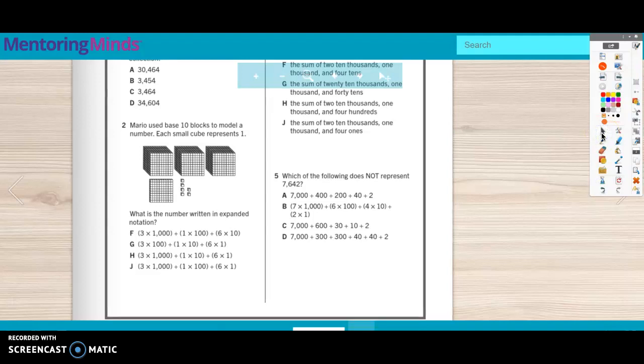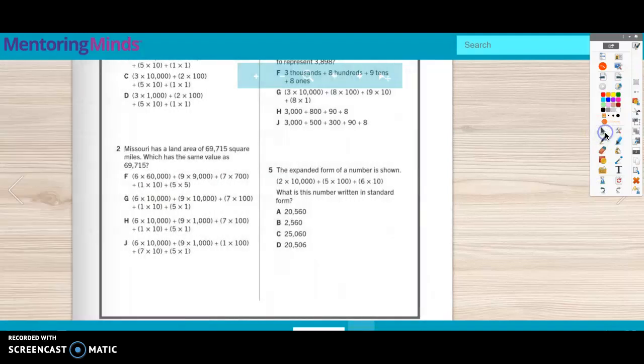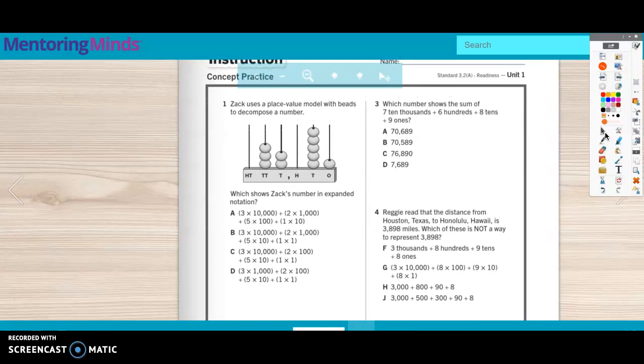Now let's look at the next page, page 12. All right, this one, I know these symbols can be a little confusing, but just like how you make your HTO chart, I don't like how they put it, but that's just how the question is written, so sorry about that.